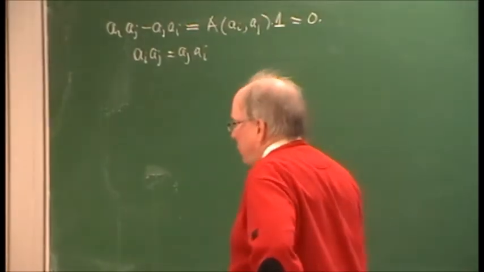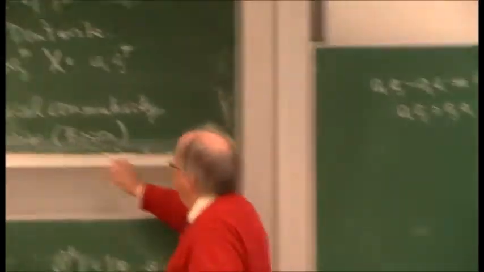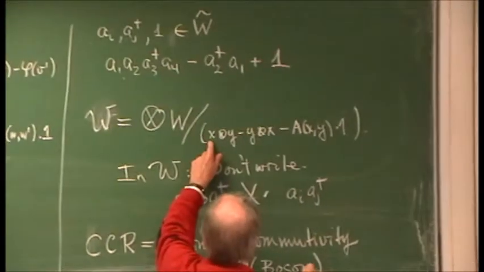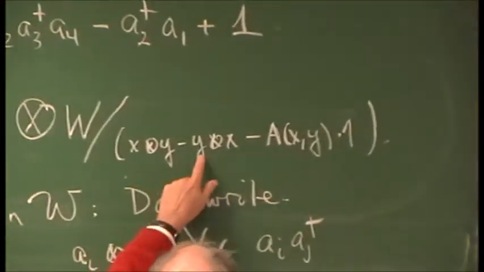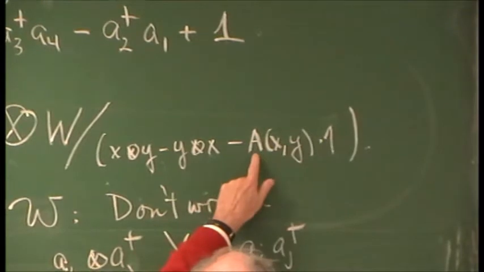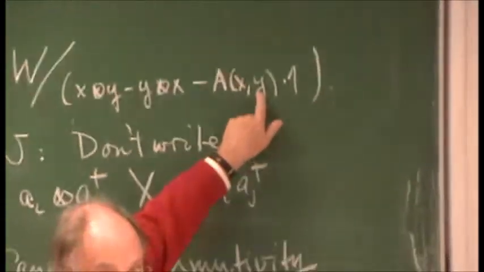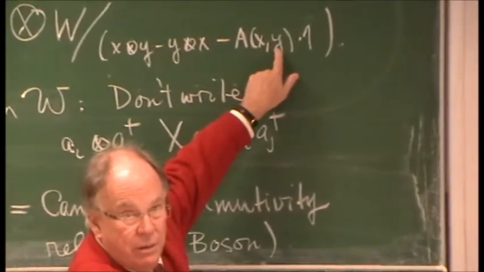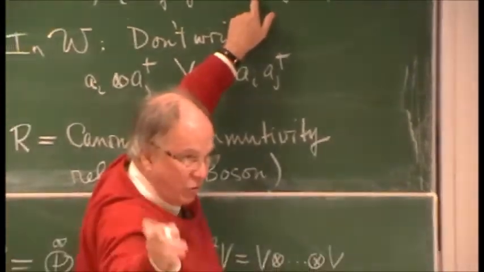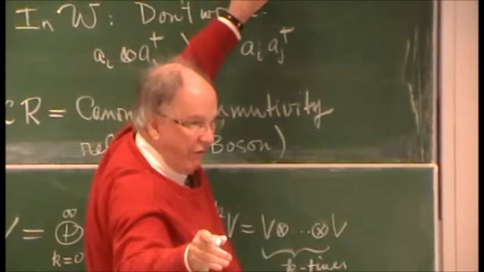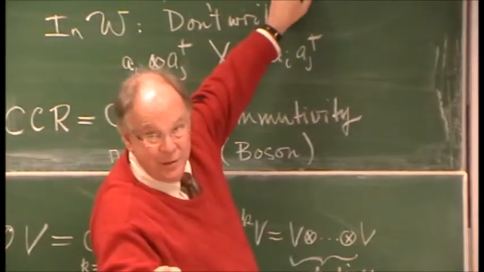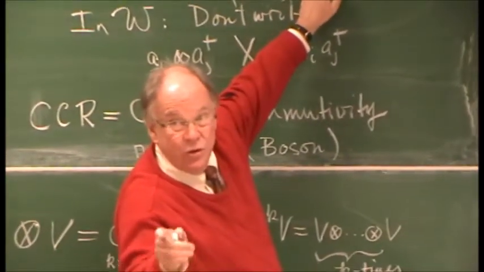Yes, 0. According to my definition, A_i A_j minus A_j A_i is equal to a of A_i, A_j. And what you're thinking is right: big A of A_i, A_j is 0.